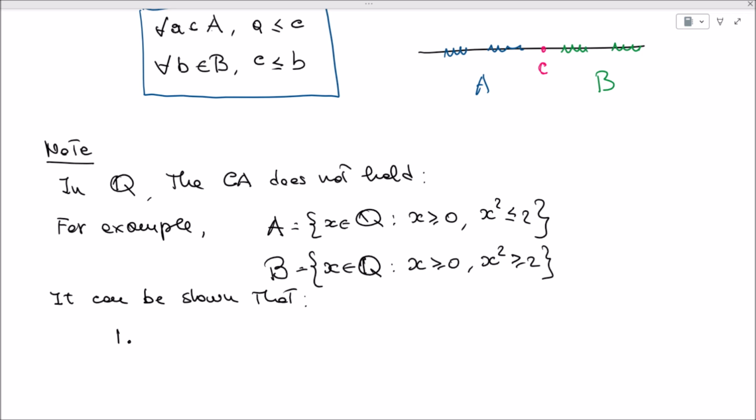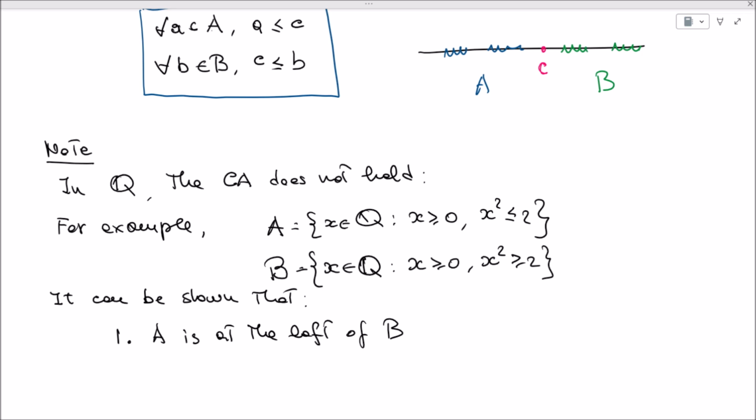First, A is at the left of B. Now, why is that? Well, clearly the elements of A are elements such that the square is less than or equal to 2, right? B is made of the elements of the rationals whose square is larger than or equal to 2. So clearly every element in A is to the left of every element in B, right?